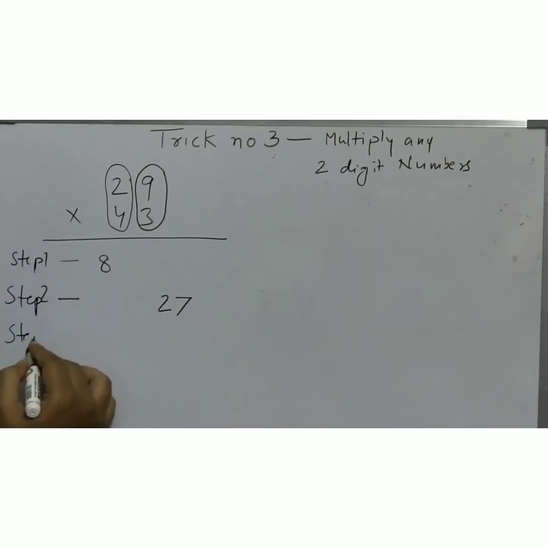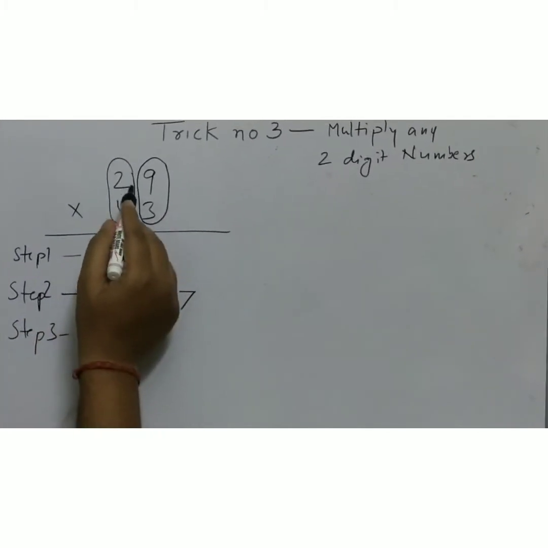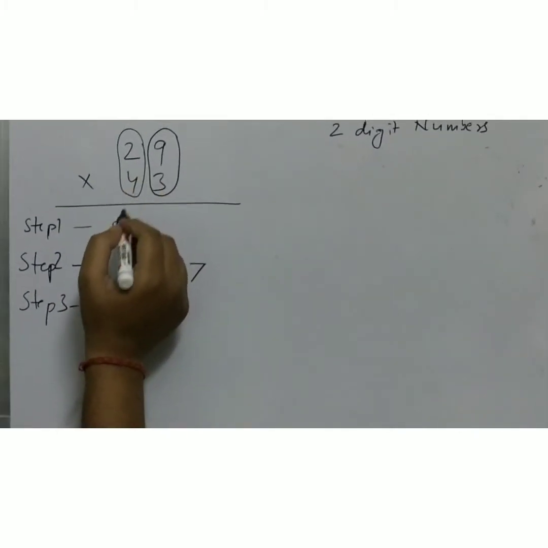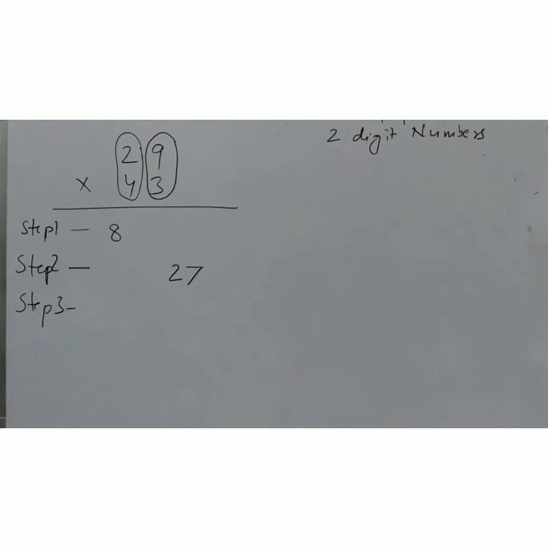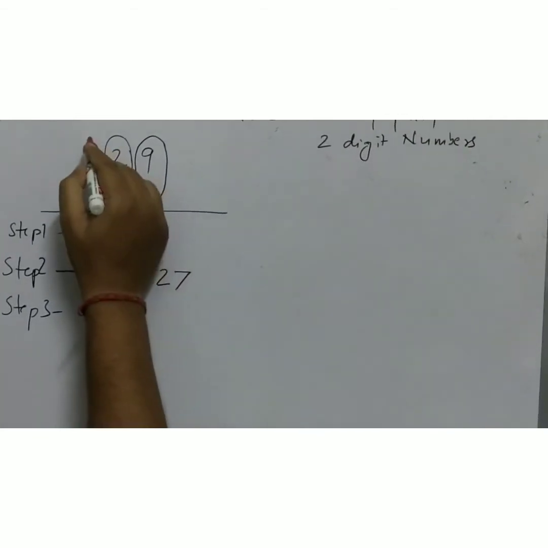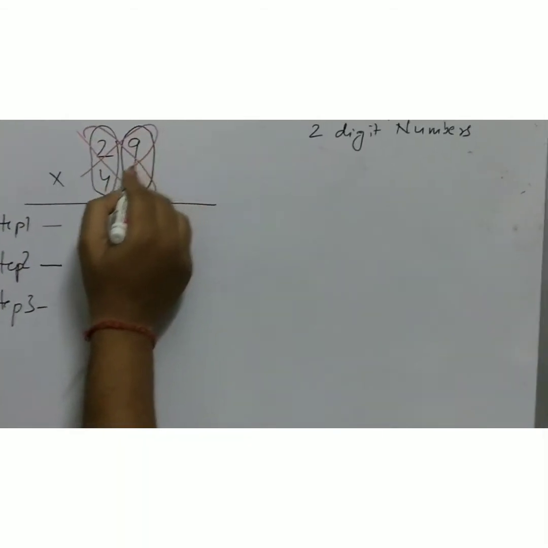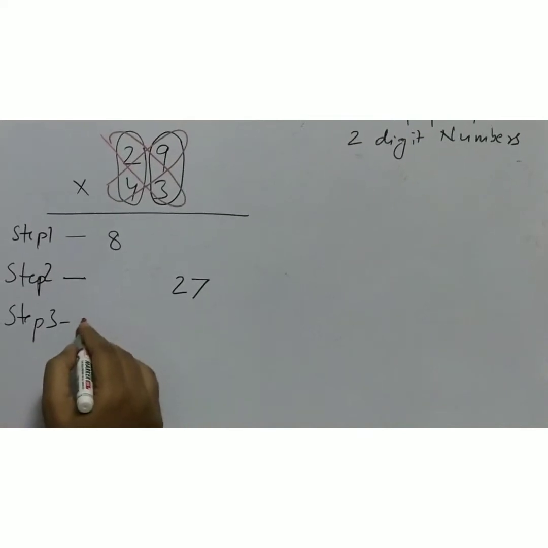Let's move on to step number 3. In step number 3, we need to cross multiply. So when we cross multiply, it will be 2 into 3 and 4 into 9.